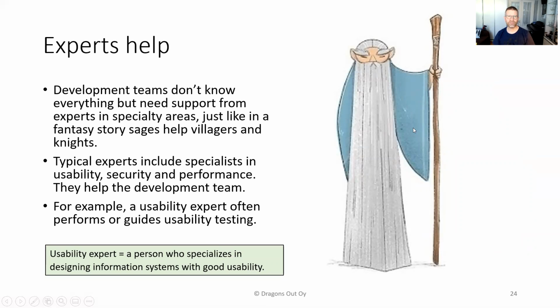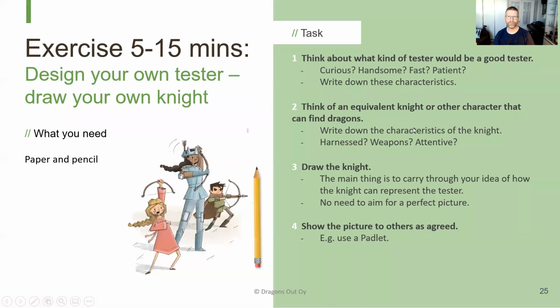So experts help development teams. In comparison to a fantasy world story, experts would be sages, wise men, wizards, who are supporting villagers and knights in a battle against dragons. So that would be a sage, an expert.